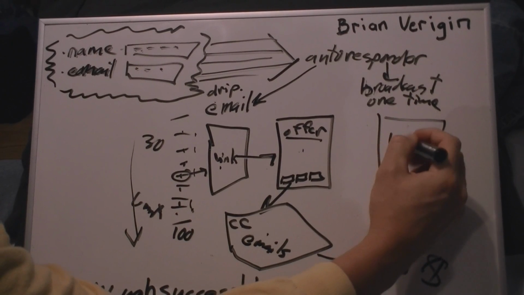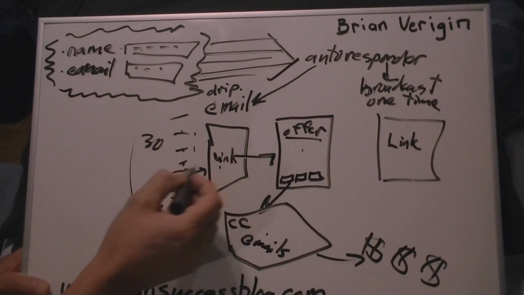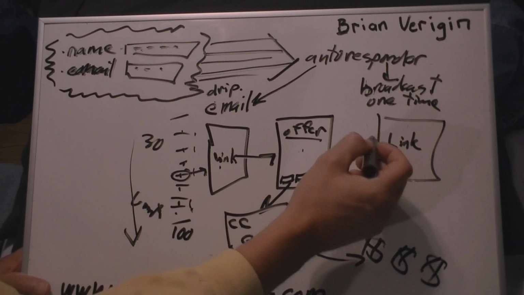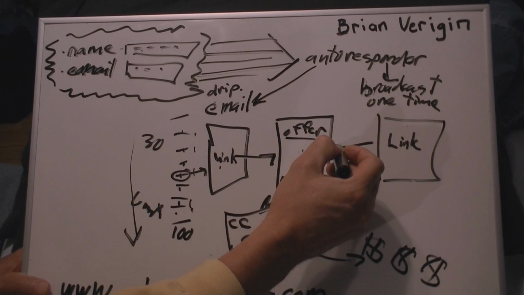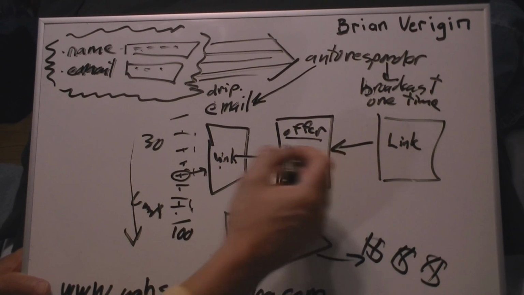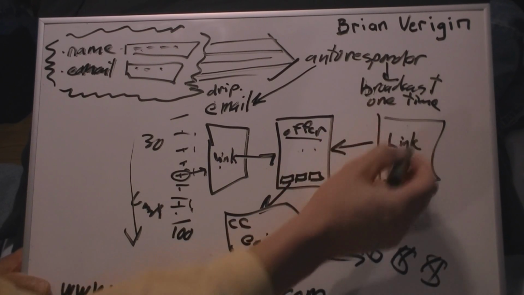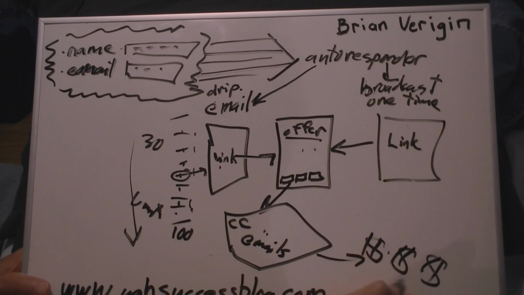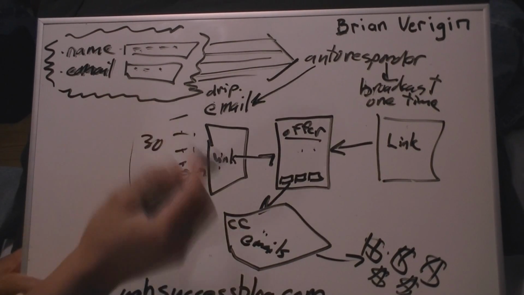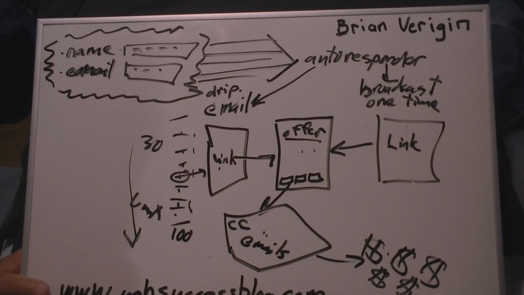Guess what? It's got the link in. It's a different offer than this over here, but it still goes to an offer. This is a different funnel. Bang, bang, more money coming in for the person who owns this list and is in business.